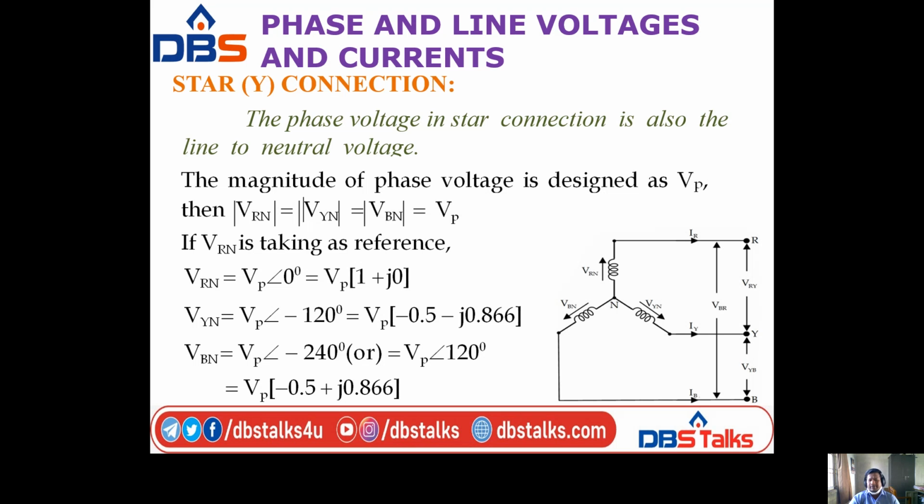Then VYN is equal to VP at an angle minus 120, that is VP cos minus 120 plus j sin minus 120, which gives VP into minus 0.5 minus j0.866. VBN is equal to VP at an angle minus 240 degrees or VP at an angle plus 120 degrees, which gives VP into minus 0.5 plus j0.866, right?